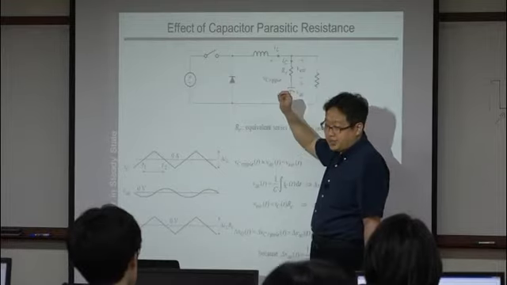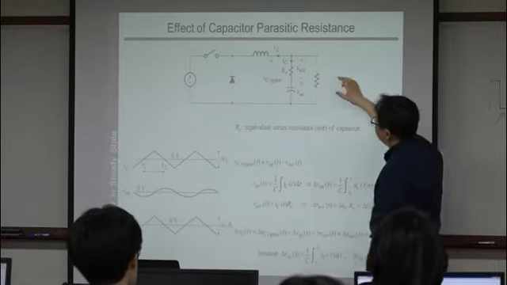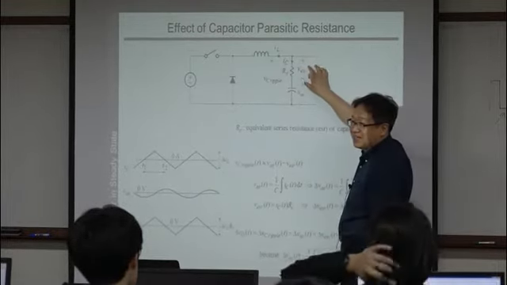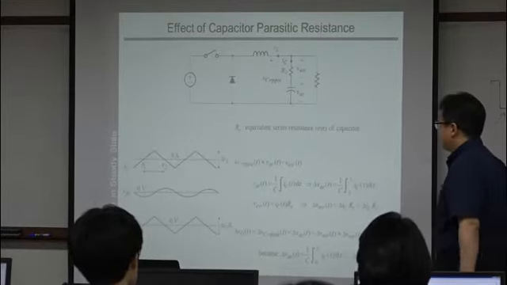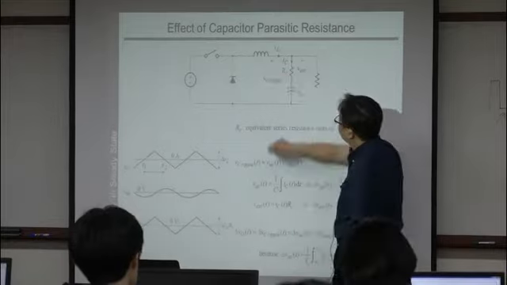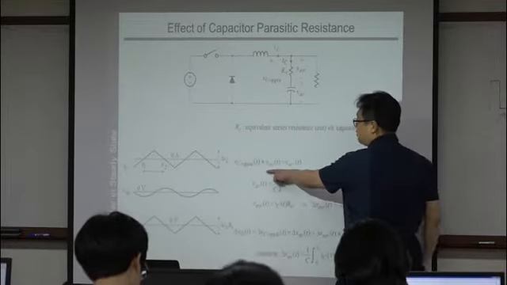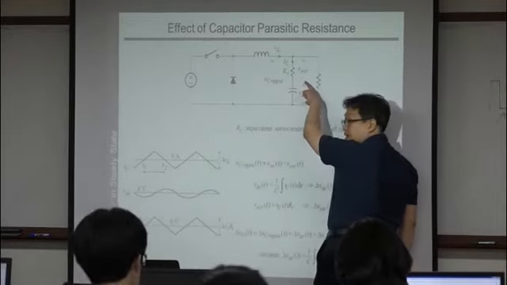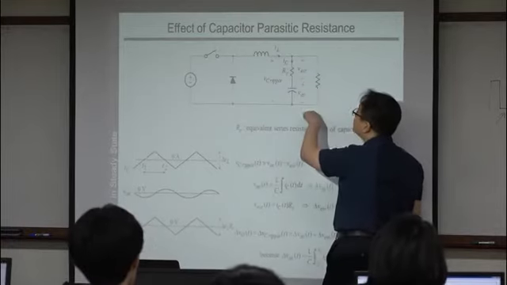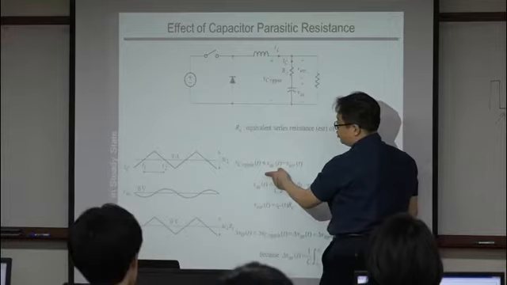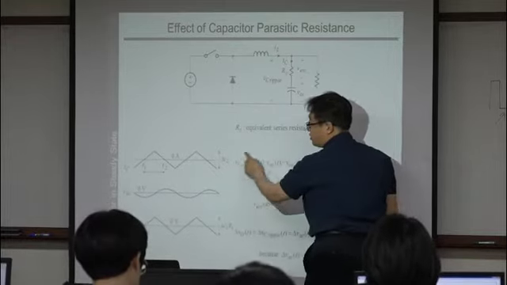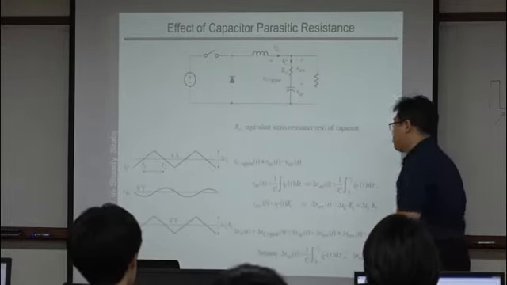Your voltage ripple is mainly determined by RC. Okay, think about it. Your VC ripple component consists of VAC, that is capacitor ripple, and also VESR. The sum of these two terms is the entire VC ripple.